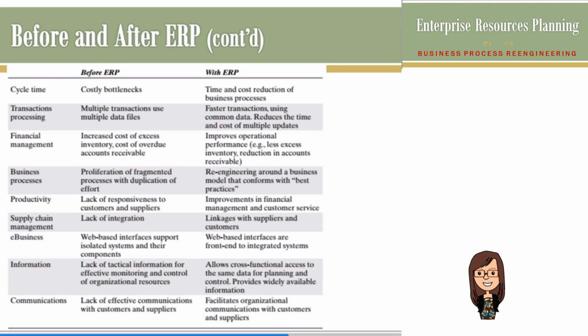Then the transaction processing will also be faster, because the data is already stored in one place. For example, if the finance people want to give an invoice to the customer, previously finance would need to ask the sales department how much to bill the customer, where the customer will pay, in which account number, whether there is any tax, and everything.